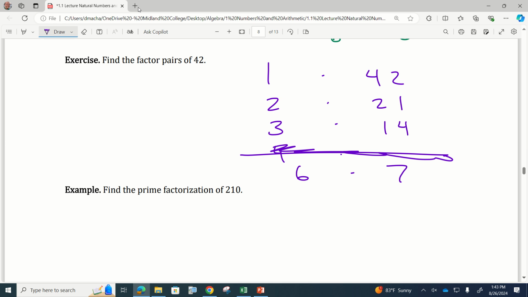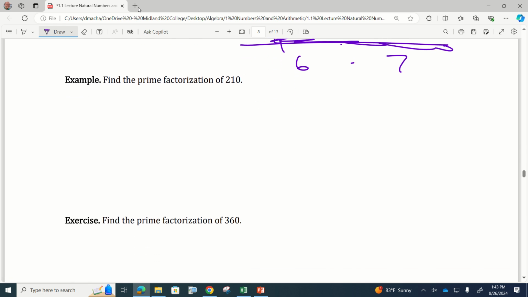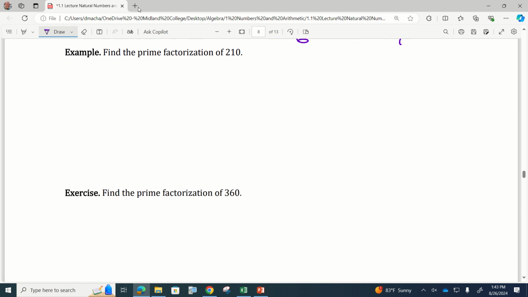Now, new type of question. Let's find the prime factorization of 210. 210, is it divisible by 2? Yes. It's 2 times 105.